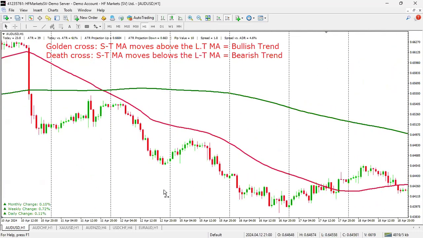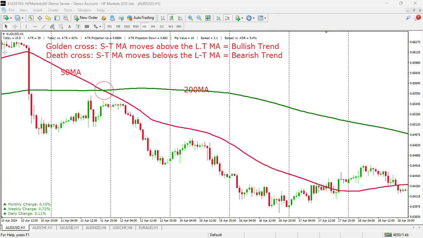Look at it here. This is an example. Remember, this is the 50 MA here, and this is the 200 here. So the moment we had the death cross here, look at the death cross, it was here. There's the death cross.